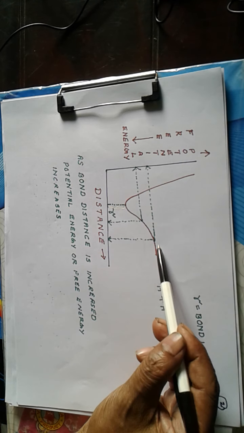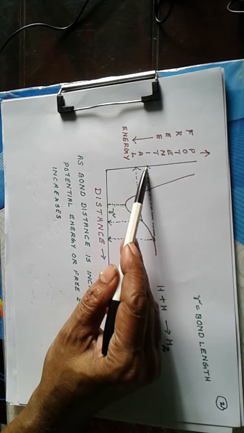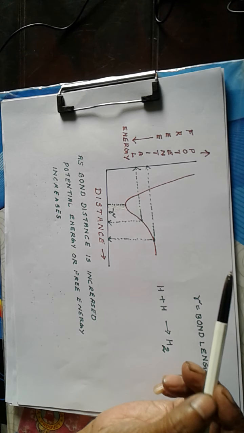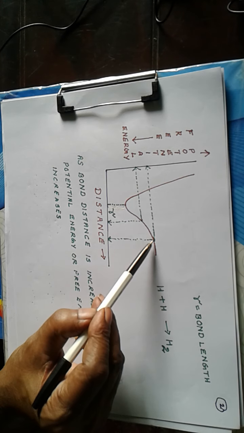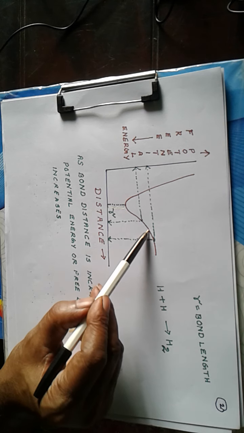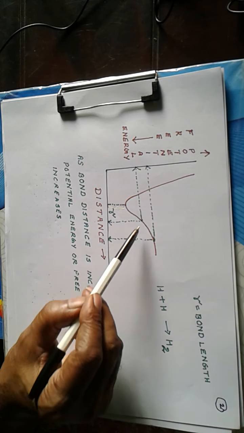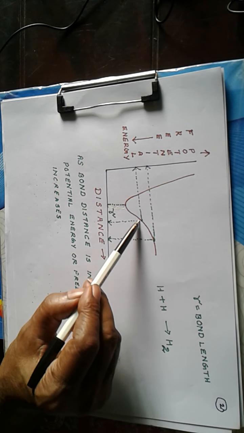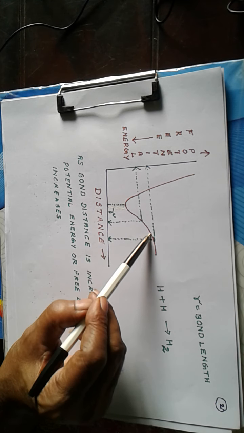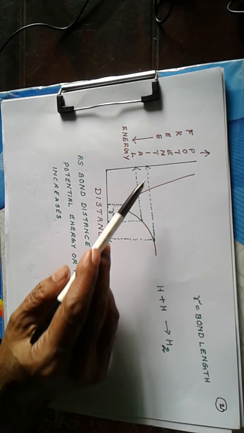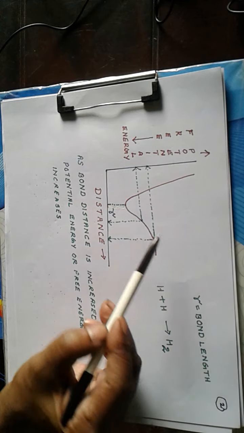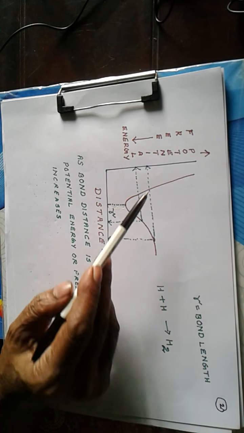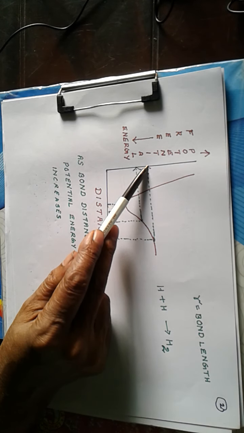Here we have two hydrogen atoms with a potential energy shown by this point. When these two hydrogen atoms approach each other, the distance between the hydrogen atoms decreases along this curve. As the distance decreases, the potential energy also decreases. So at this point the potential energy is given by this point.